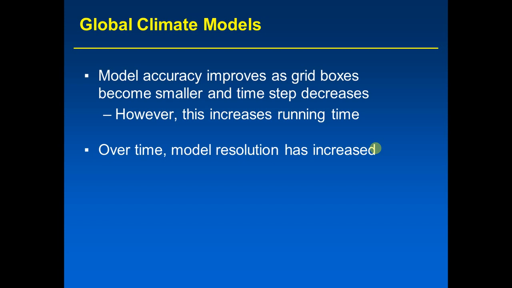Example, the United Kingdom Meteorological Office Global Climate Models, in 1959, the early years of their climate models, the climate model could do 3,000 calculations per second. 3,000 total calculations per second, and it had two vertical levels representing the atmosphere. Okay.